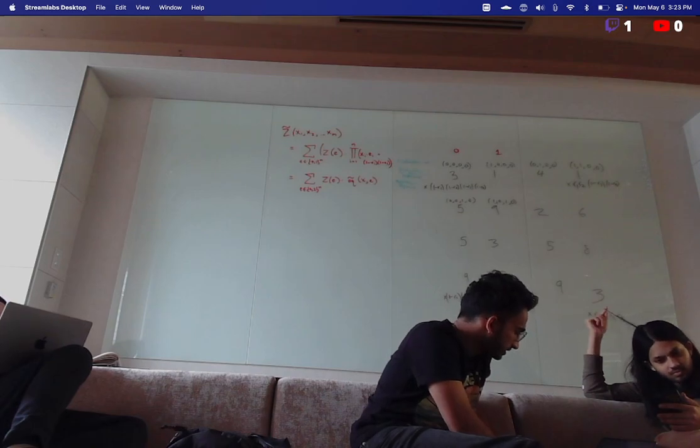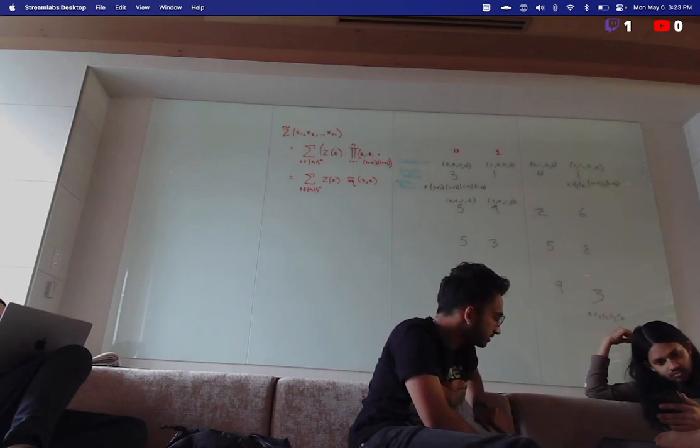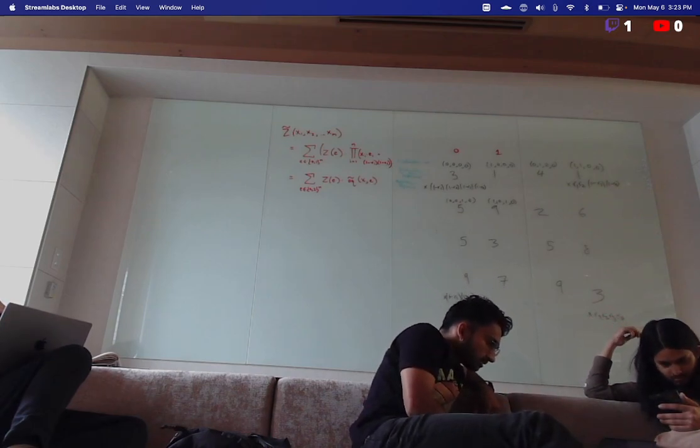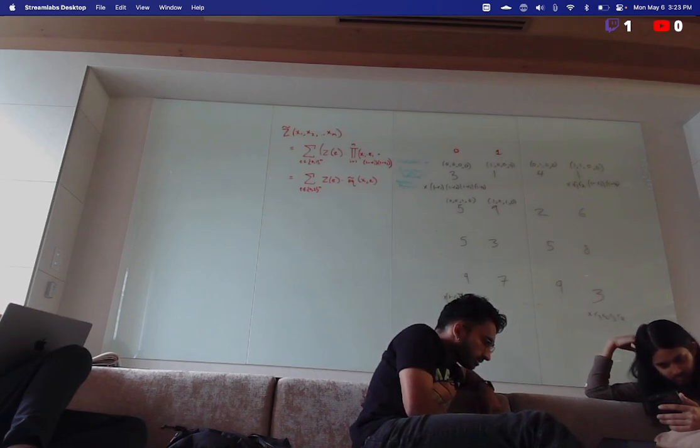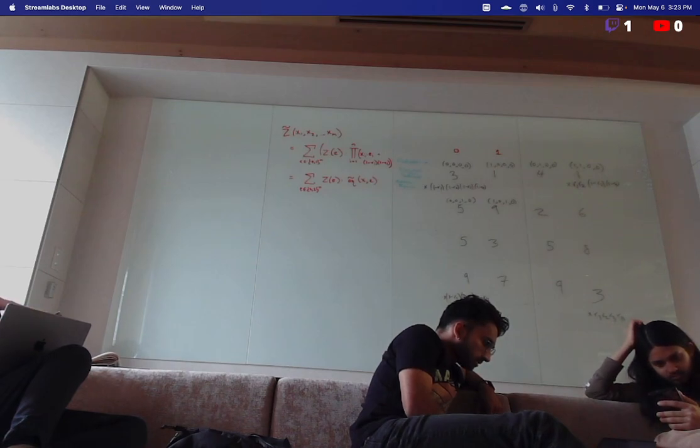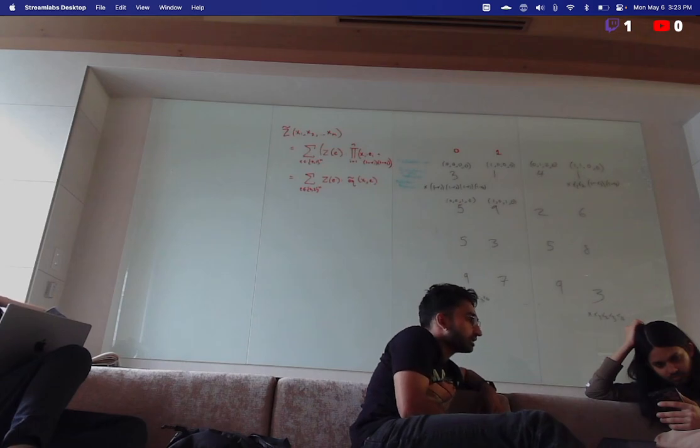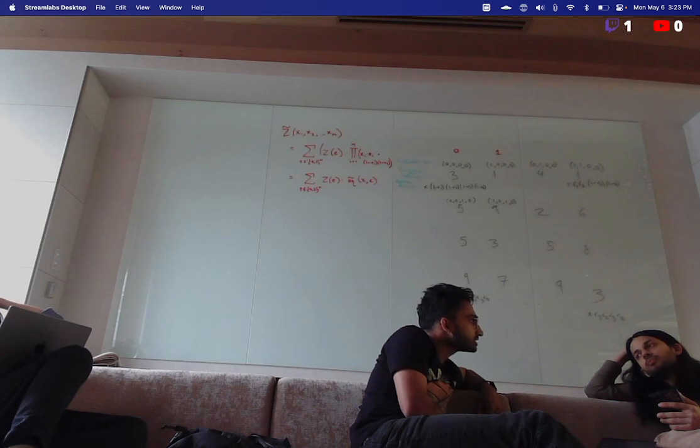I actually don't have a good sense of what makes something irreducible. I guess it's just that its roots are not in F2, so you can't reduce it within F2, basically.